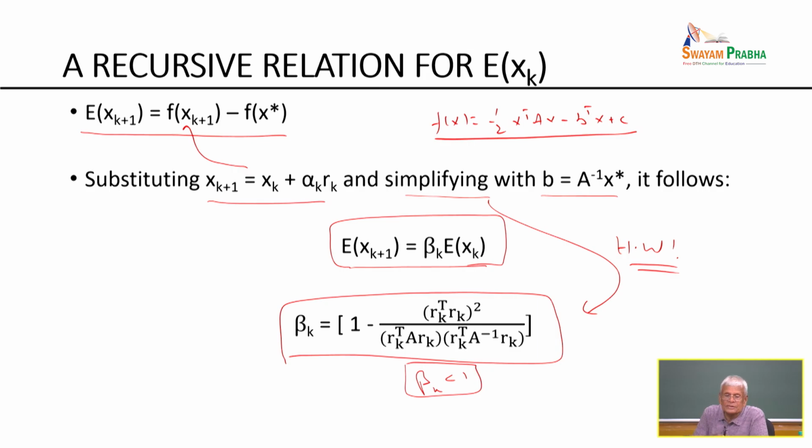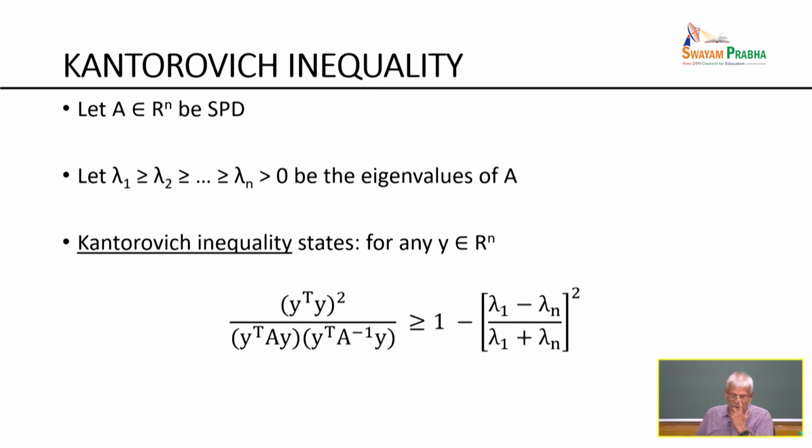Proving that beta k is less than 1 needs some other knowledge from analysis. A is SPD, there are n eigenvalues which are positive, lambda 1 is maximum, lambda n is minimum. This is the same A that I am using in my f of x.